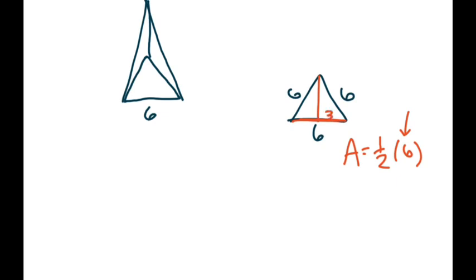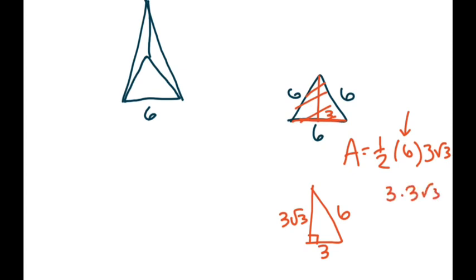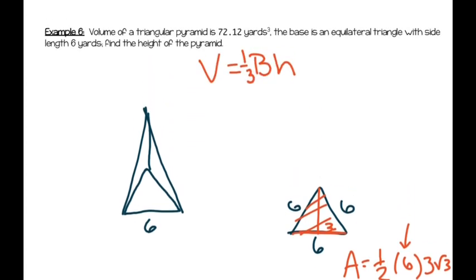Make sure you get the whole base. And then the height. So this right here is a 30, 60, 90 triangle. This is one of the reasons why you accidentally do 3. Okay, but we're talking about the area of the whole triangle, so the base is 6 times 3 square root 3. So that's going to end up being 3 times 3 square root 3. So you're going to have 9 square root 3. And that's the area of your base.